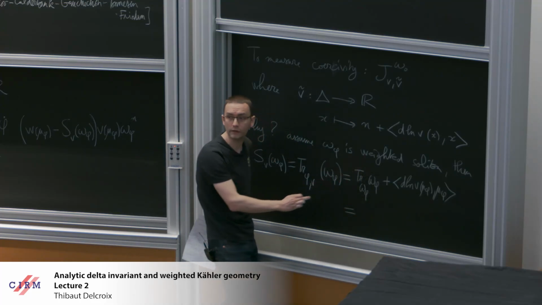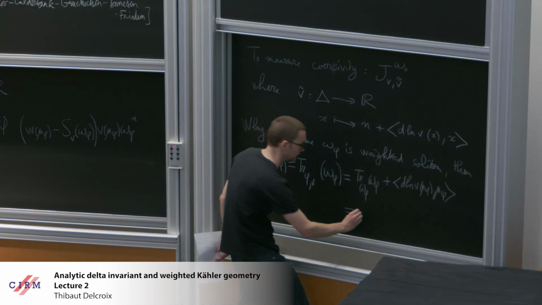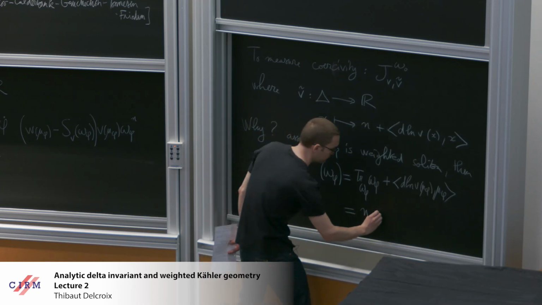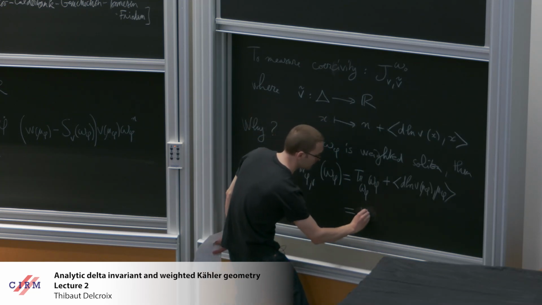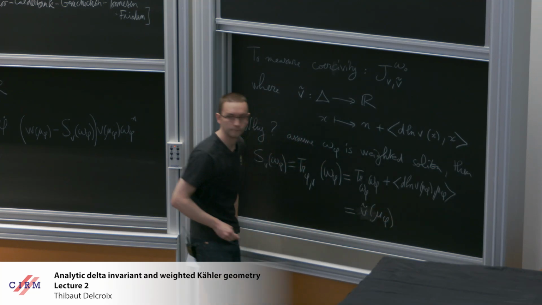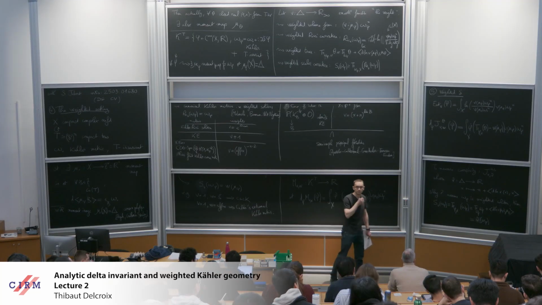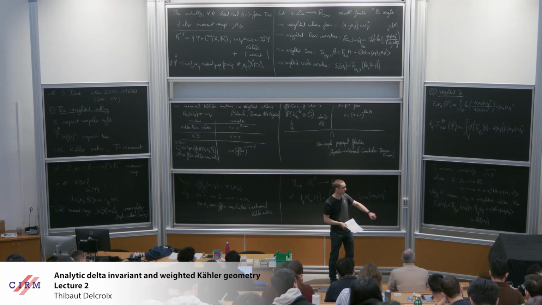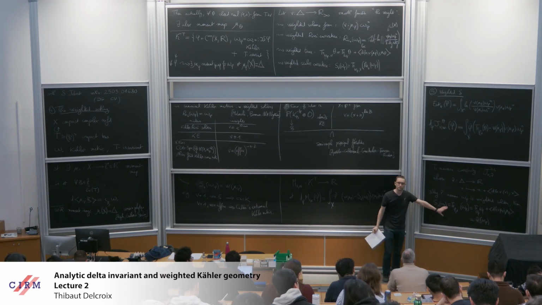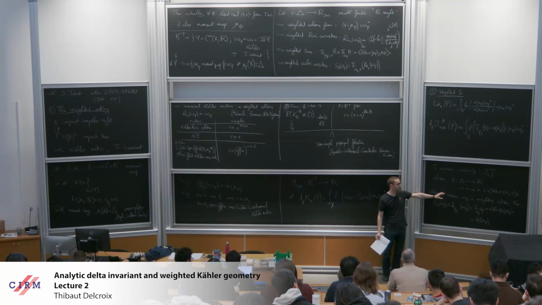And this is equal to n, since I take the trace of a Kähler metric with respect to itself. So in the end, this is v tilde applied to mu phi. So this weight, v tilde, is very natural from the point of view of weighted solitons.